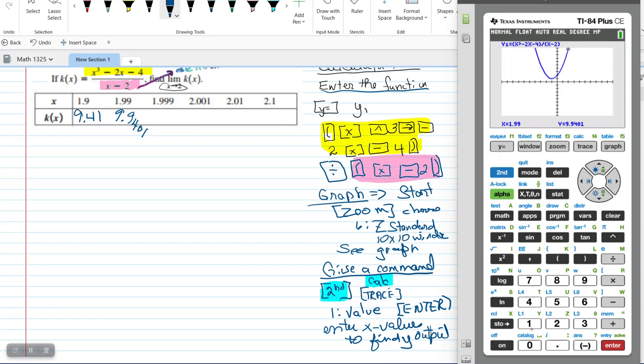Now I'm going to put 1.999, because we're getting closer and closer to that 2. And I get 9.994001.